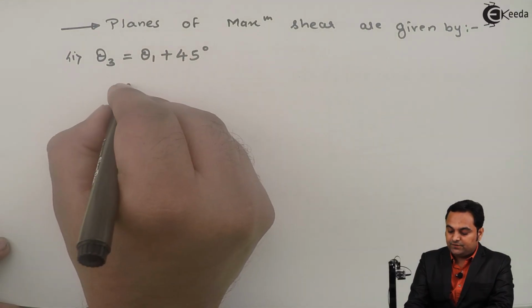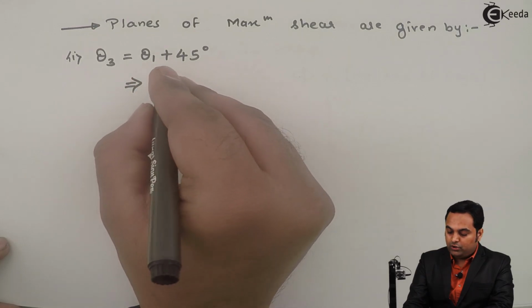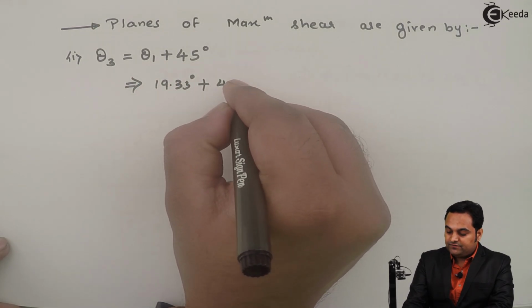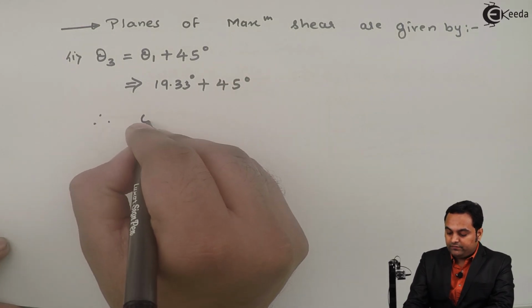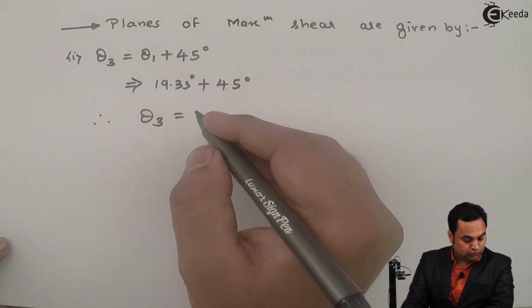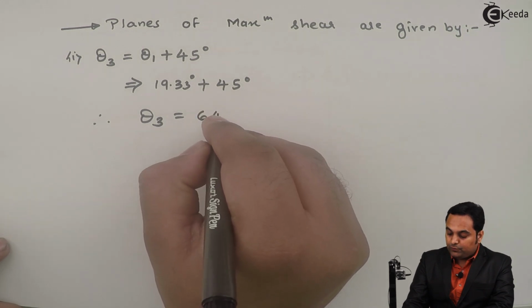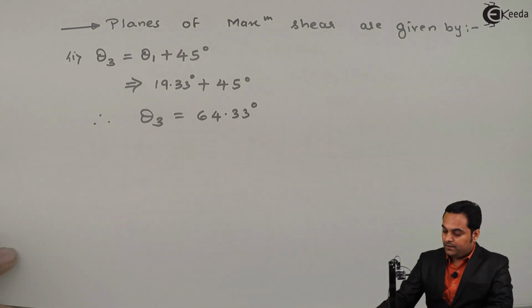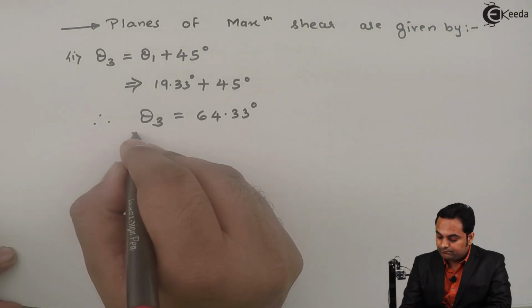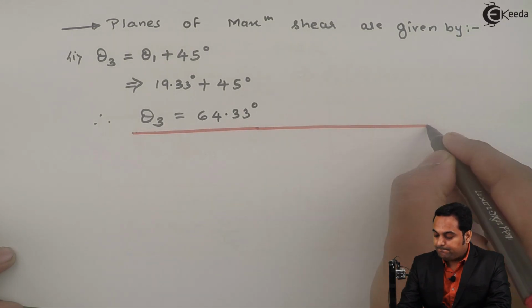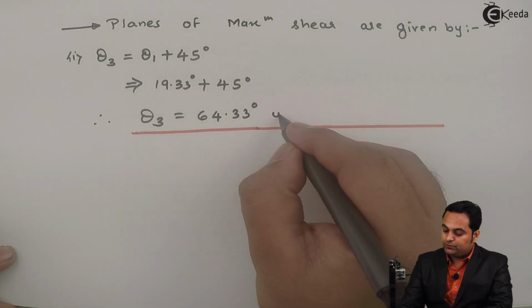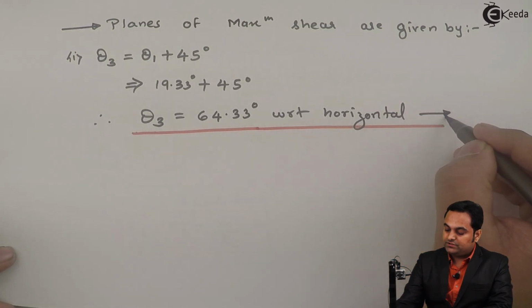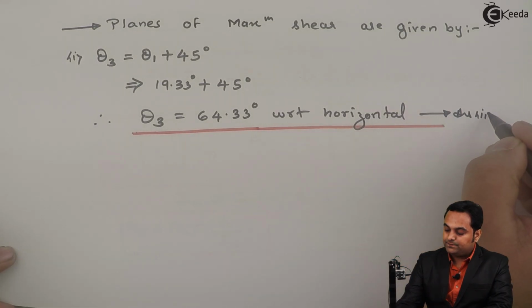So this is the relation. Theta 1 was 19.33 degree plus 45 degree. So hence theta 3 comes out to be 64.33 degree. This is the location, again with respect to horizontal. So this is the second answer for us.